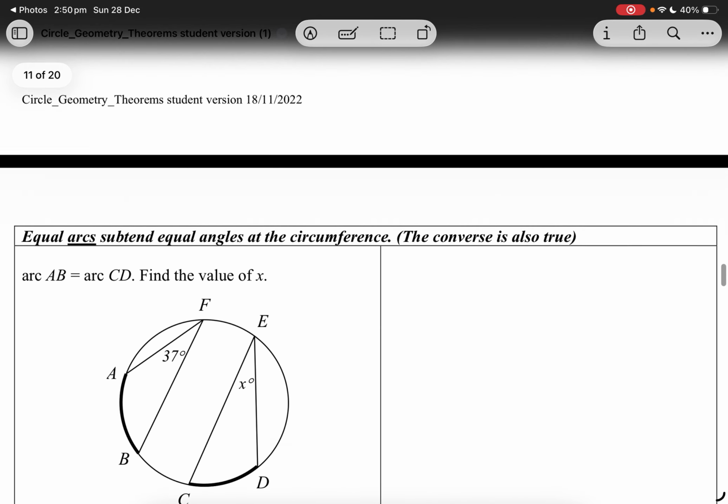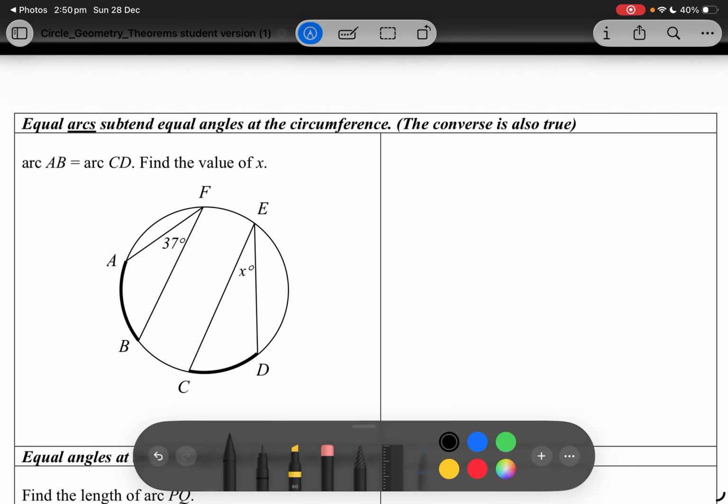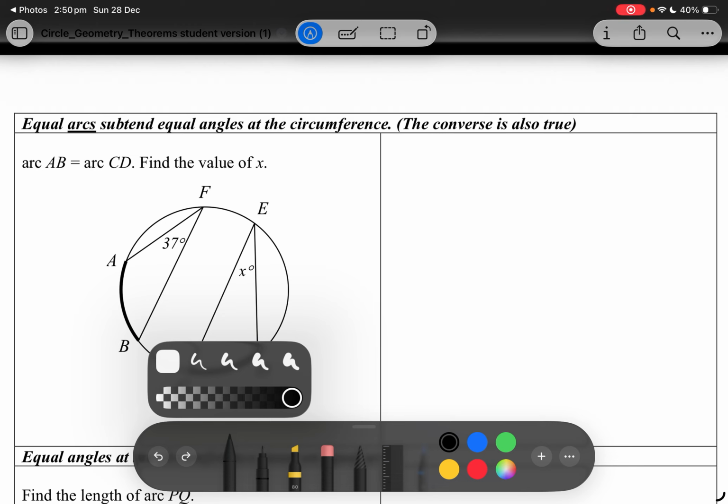Now, another circle theorem we'll just talk about briefly is that equal arcs subtend equal angles at the circumference. So with this, if the arcs are the same length, equal arcs, even though the angle is at the circumference, they subtend equal angles at the circumference. So here, we're not actually proving anything. We're just finding the value of x.